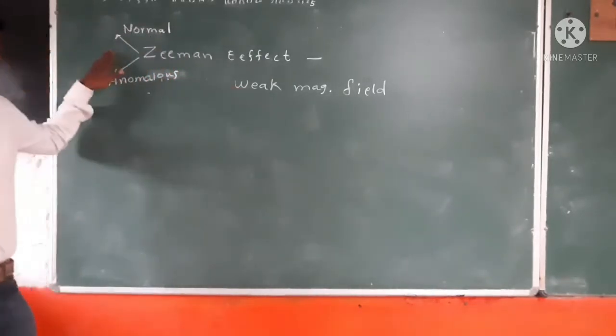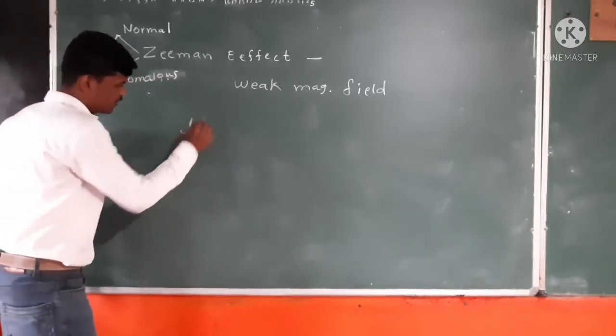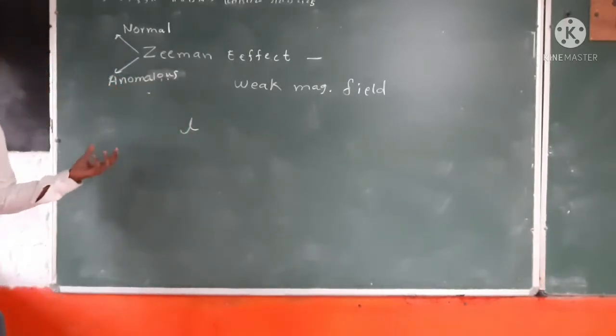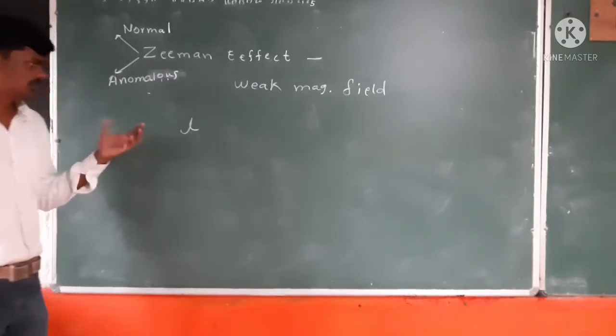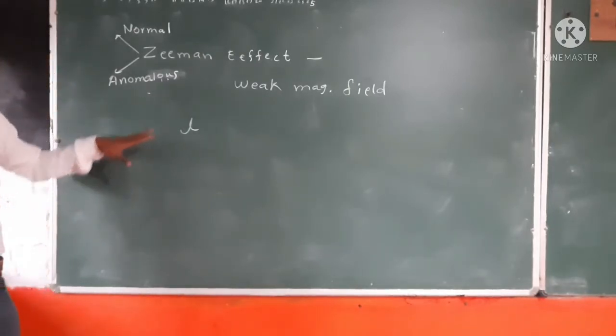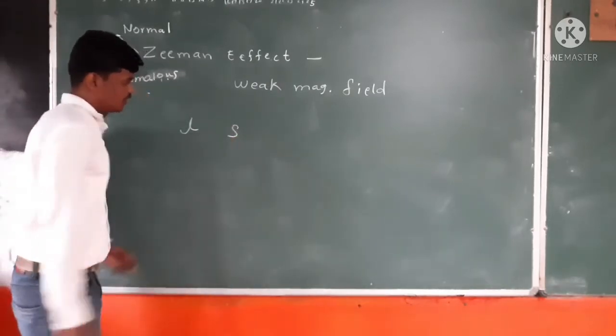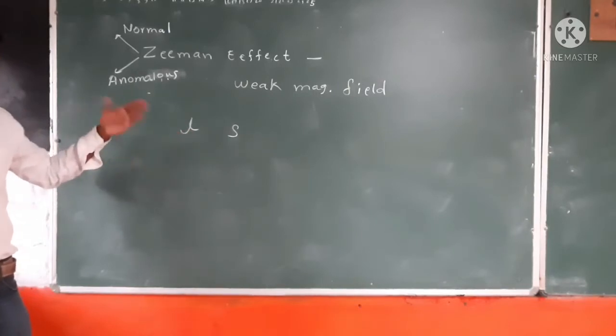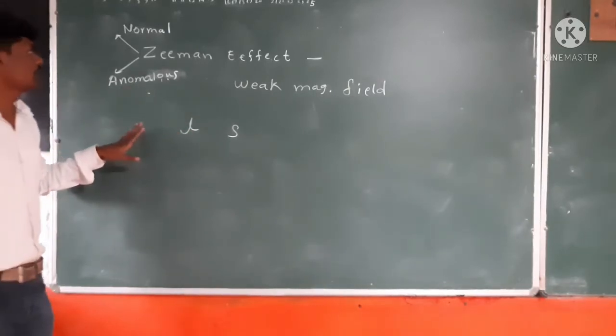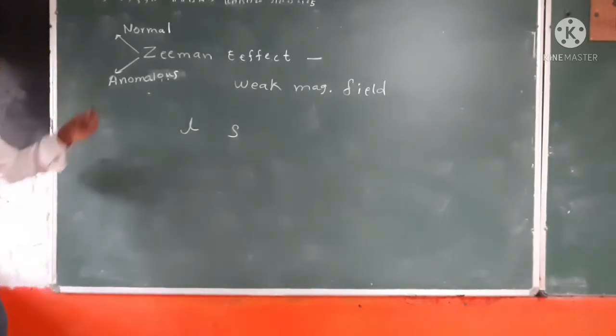In the normal Zeeman effect, we only consider the orbital motion of electrons, not the spin motion, because at that time the scientists didn't know about the spin of the electron. They only considered the orbital motion of the electron, calculated the spectral terms, and observed the spectral lines. So they got the result, the normal Zeeman effect.